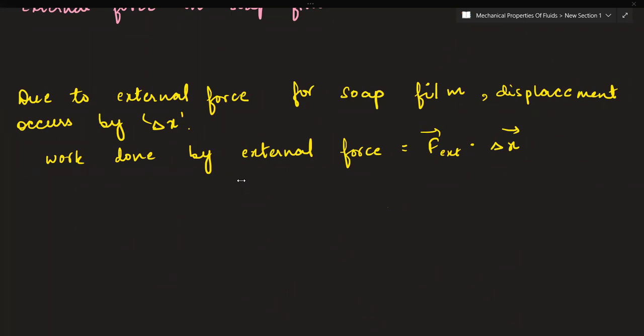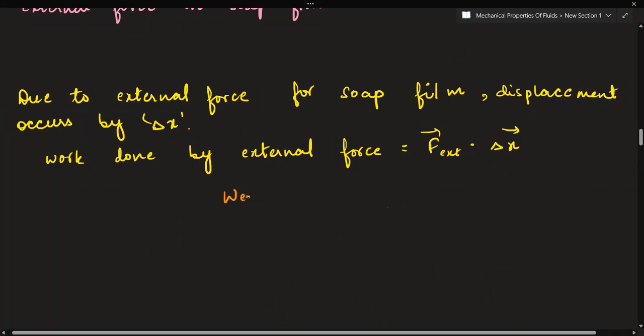So work done by the external force becomes external force multiplied by displacement. The external force we have calculated is surface tension into 2 times the length, multiplied by delta x.